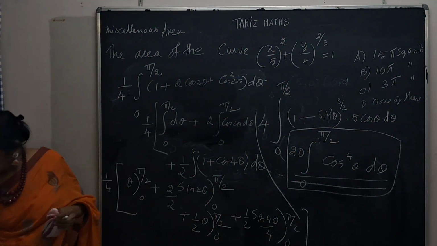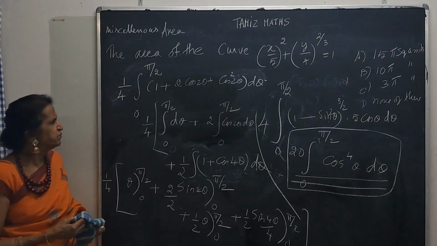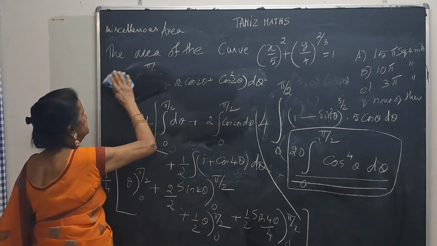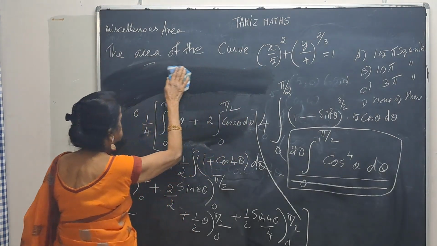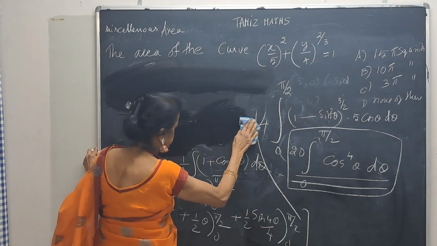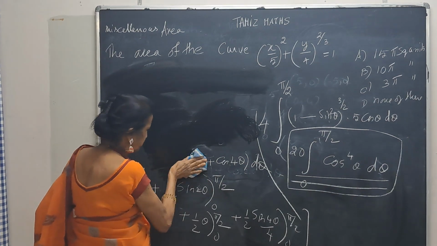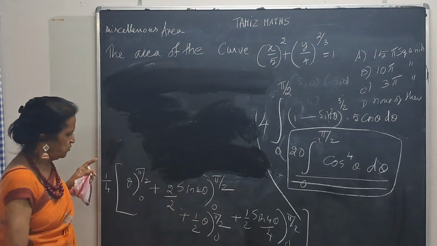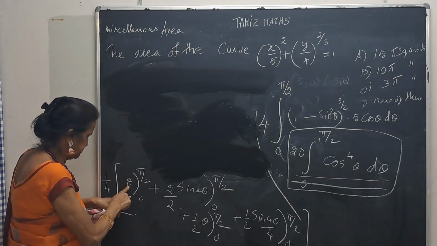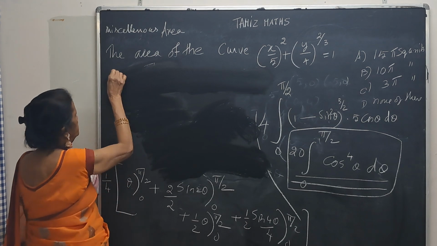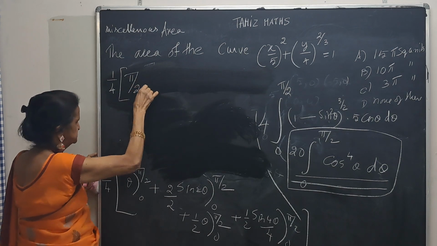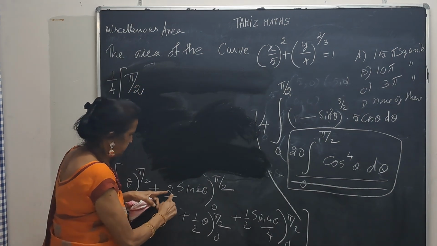Look here. Supply the upper limit pi by 2 and the lower limit 0. This 2 and 2 will get cancelled.